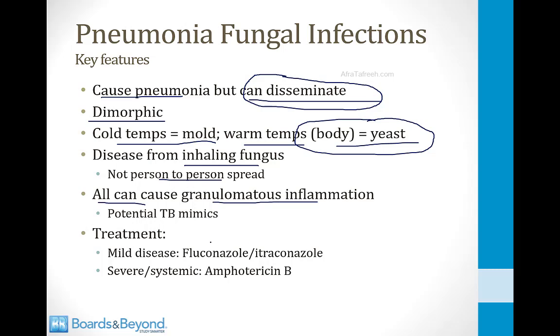And this is the same thing that tuberculosis does in the lungs, and therefore infections with the fungal pneumonias is a potential mimic of tuberculosis. You can think a patient has TB and they actually have one of these fungal infections. And in general, for all the fungal pneumonias, the treatment for mild disease is with the azole drugs like fluconazole or itraconazole, and the treatment for severe disease or systemic disseminated disease is with amphotericin B.